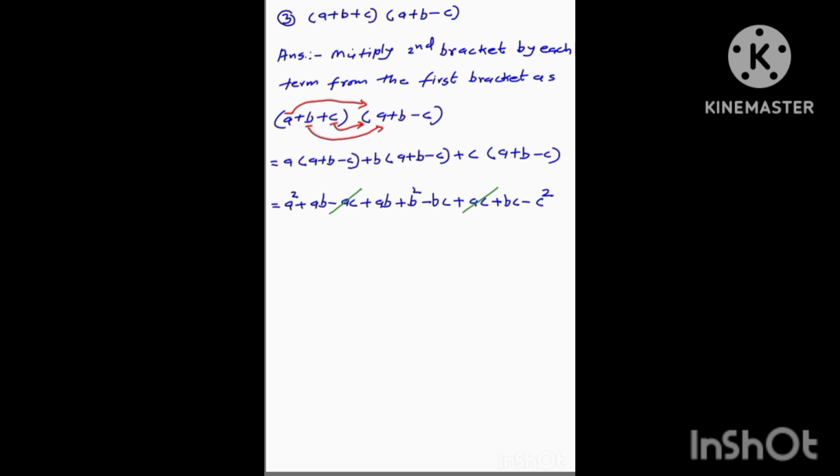Now cancel: ac gets cancelled, plus minus bc gets cancelled, and you get a² plus 2ab plus b² minus c². Okay, now we rearrange so that all squared terms are on one side and another. After that: a² plus b² minus c² plus 2ab. Okay, that's your answer.